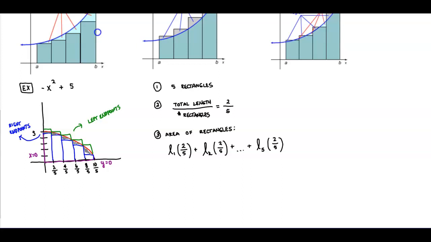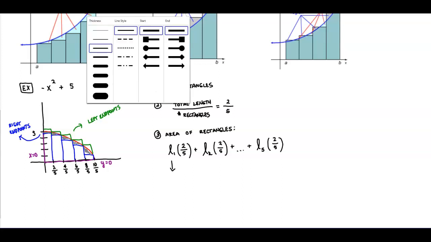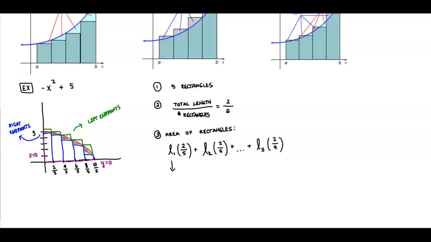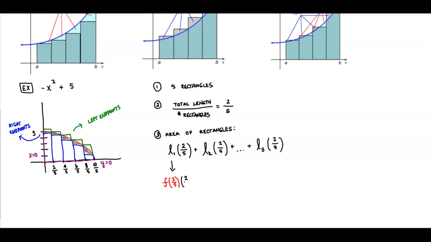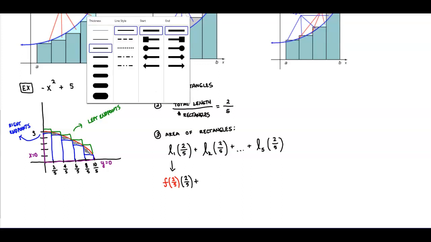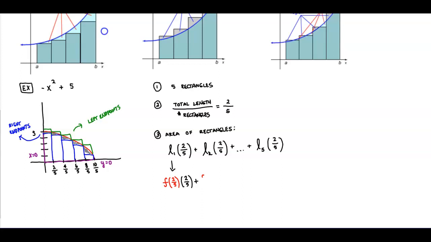Well, that means that L1 is going to represent the function. So that means that we have the function with an input of 2/5 times the value of 2/5, plus we take f of, now since this is 2/5, the next one is going to be 4/5.